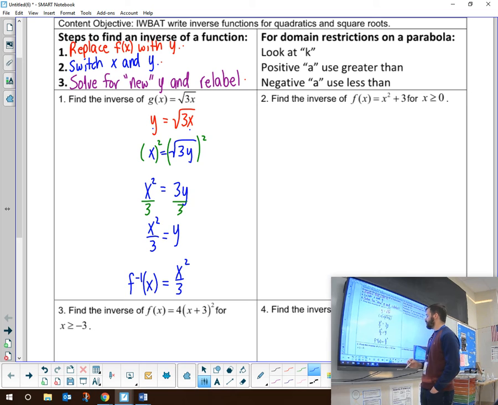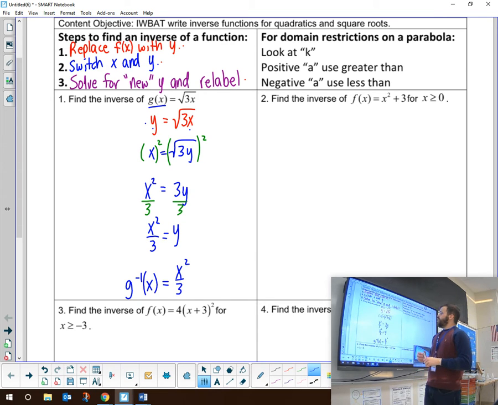So my original equation was y equals square root of 3x, or is g of x. So I'm sorry, this shouldn't be an f, this should be a g. My mistake, guys. So this should be a g of negative 1 of x. So we started with g of x equals this. The inverse of that, g of negative 1 of x equals x squared over 3.